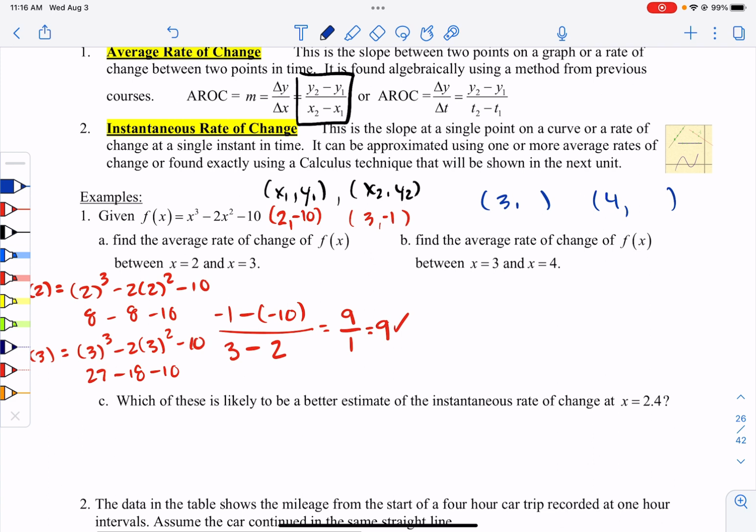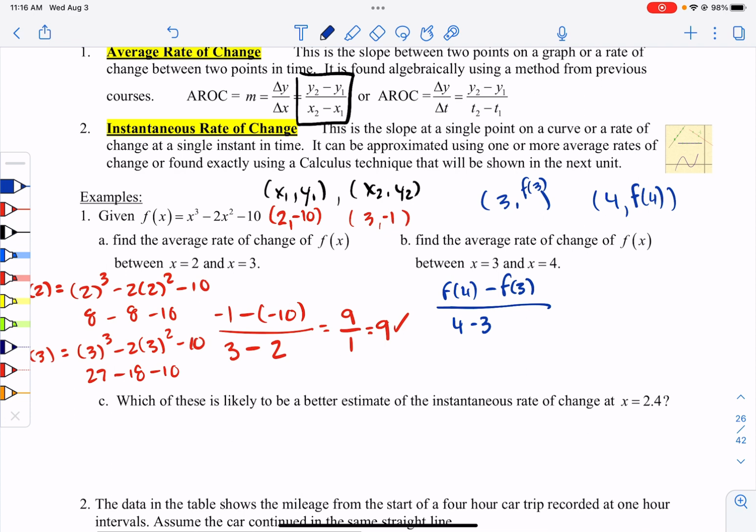But instead of plugging in all these numbers, I'm just going to say my y value is f of 3. If I plug 3 into the f function, I get my y value. My other y value is what I get when I plug in 4. So when I write y2 minus y1, y2 is f of 4, y1 is f of 3, and on the bottom, I do 4 minus 3.